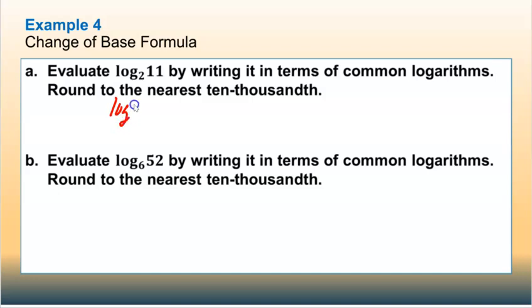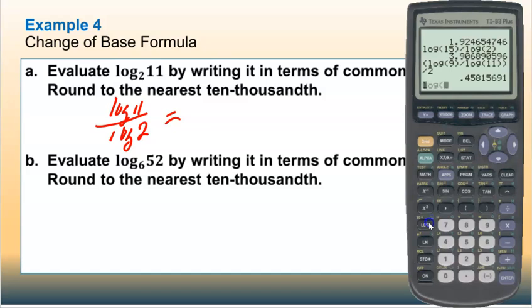So this would be log of 11 divided by a log of 2 to the nearest 10,000th place. So we have log of 11 end parentheses divided by the log of 2 end parentheses, and we get 3.4594.